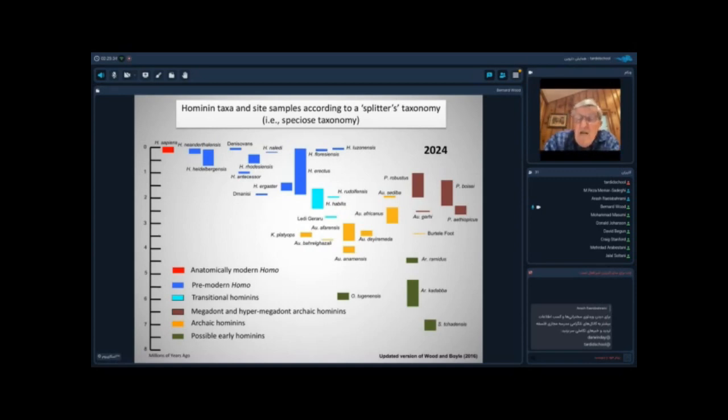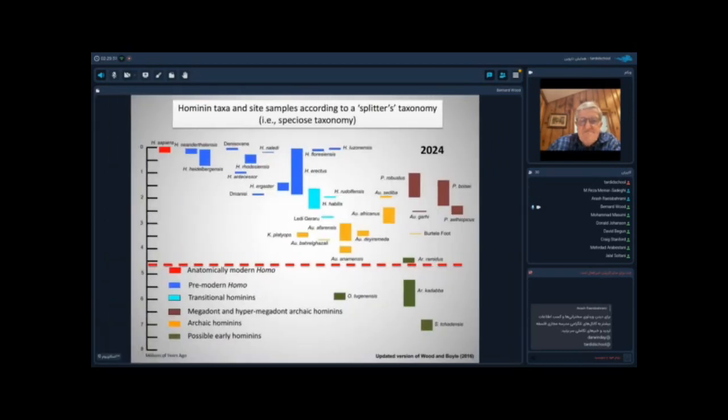Or are most of them close relatives and just a few of them our ancestors? And just to remind you, you must have ancestors, but you don't necessarily have close relatives.